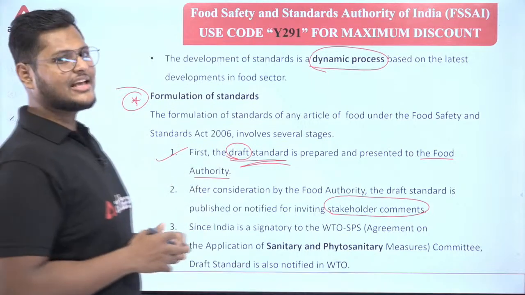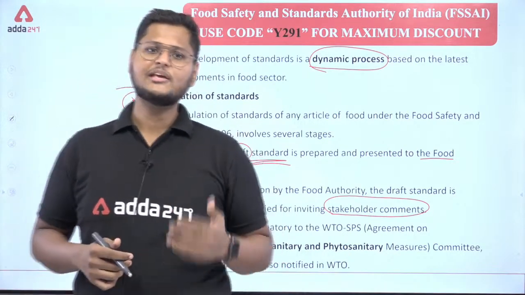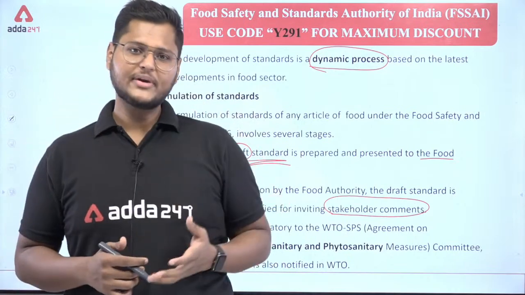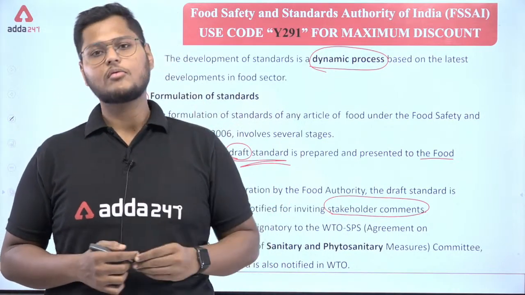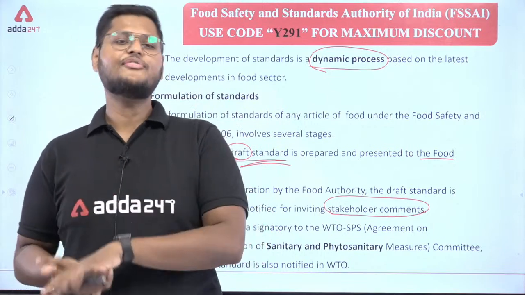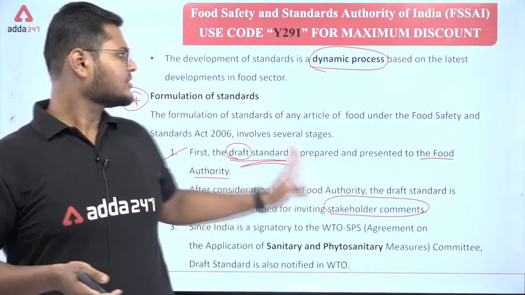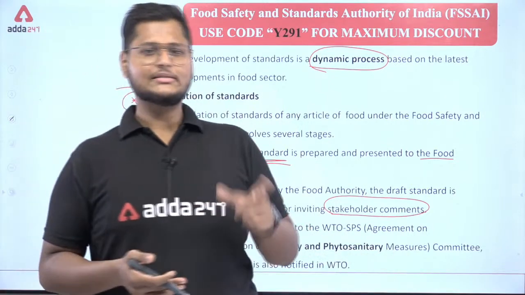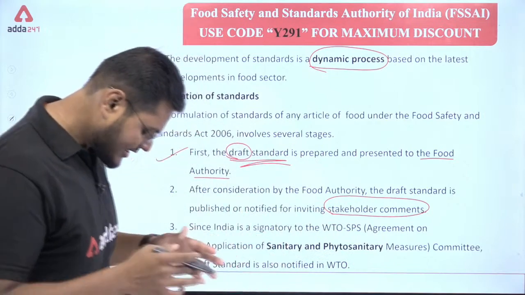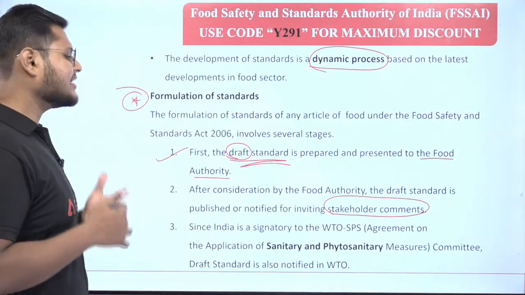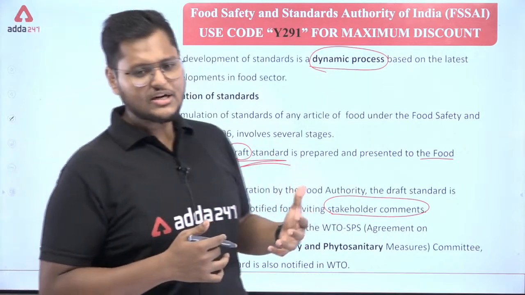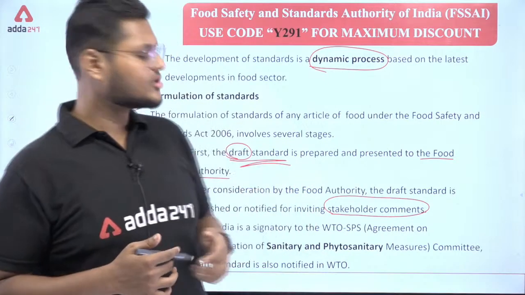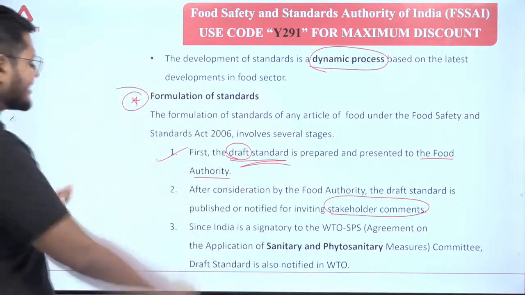Now who are the stakeholders? People like you, people like me, people like the food business operators, all the entities that are involved with the food authority who might get affected, okay, due to these rules and regulations or standards. They are known as the stakeholders. So they are asked, is the standard fine? Okay, if it's not, then what are the changes that should be done?